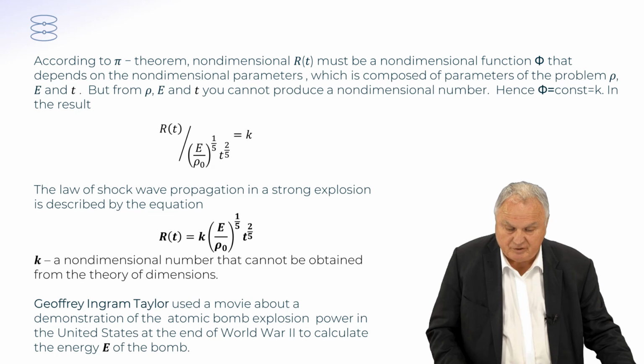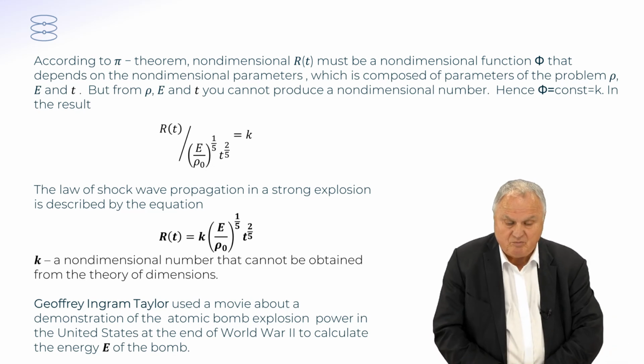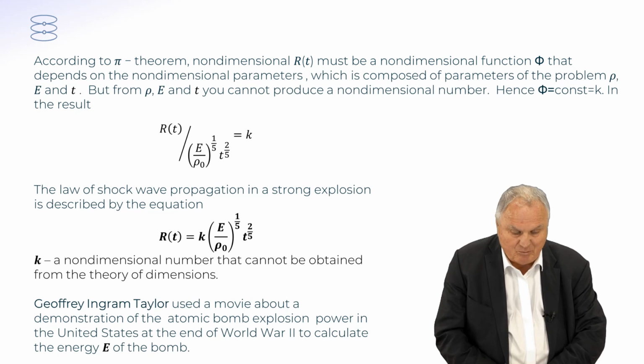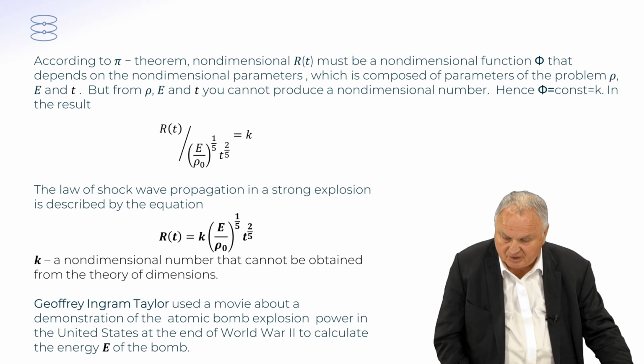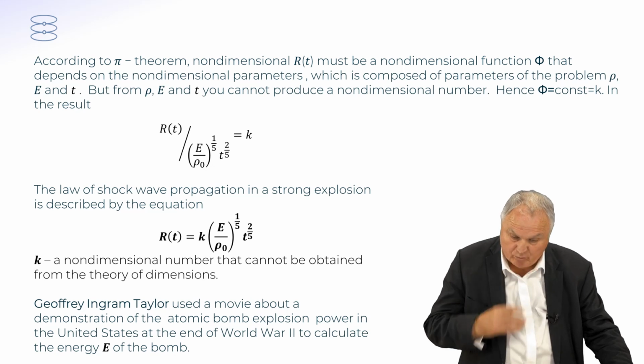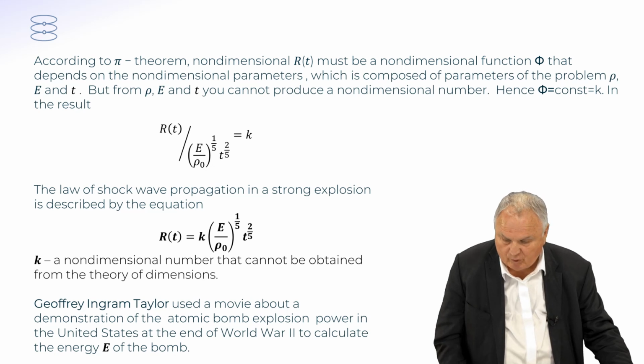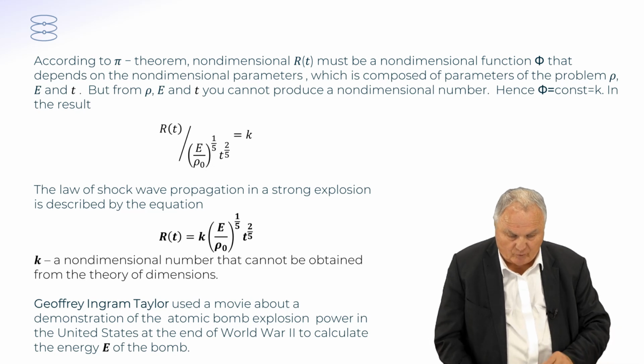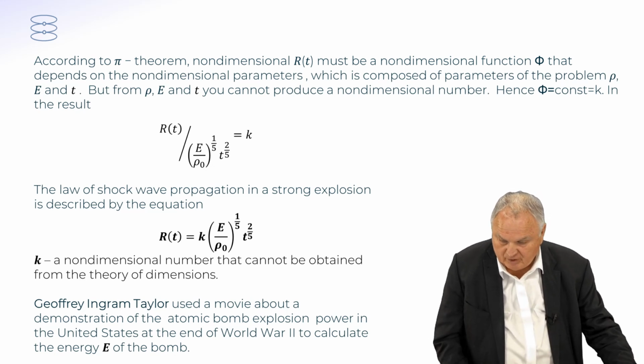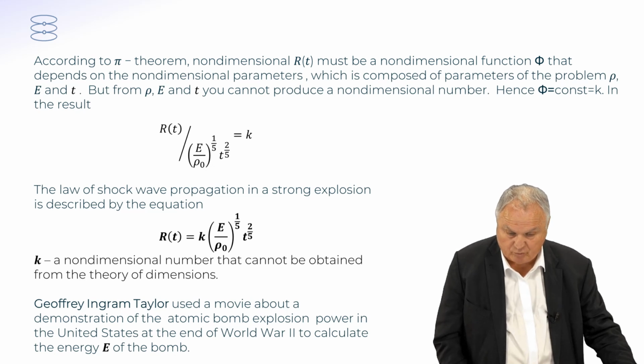You understood that we didn't use the theory of gas dynamics. We use dimension theory only. The American scientist Geoffrey Taylor used the movie demonstrating the atomic bomb explosion power in the United States at the end of World War II to calculate the energy of this bomb.